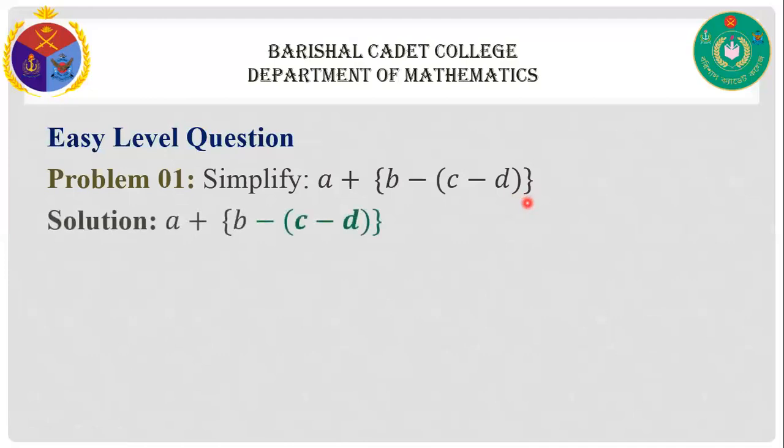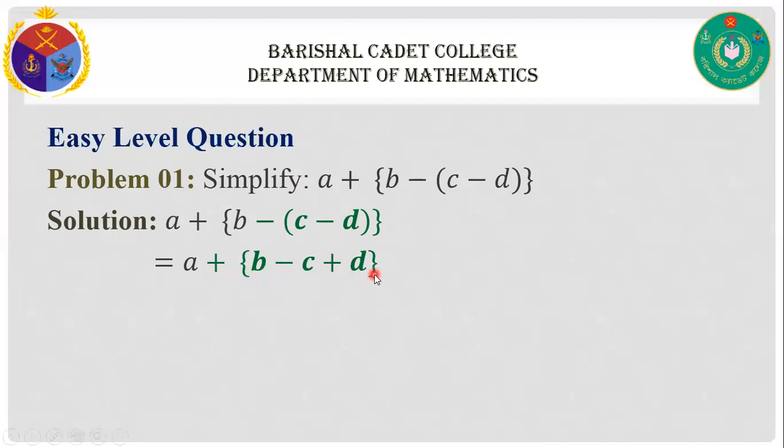Now solution. Here we have first bracket C minus D, and before the first bracket we have negative sign. The sign will be changed inside the first bracket. So C sign will be negative and this sign will be positive. And the other remaining part is same. So A plus second bracket B minus C plus D, second bracket close.